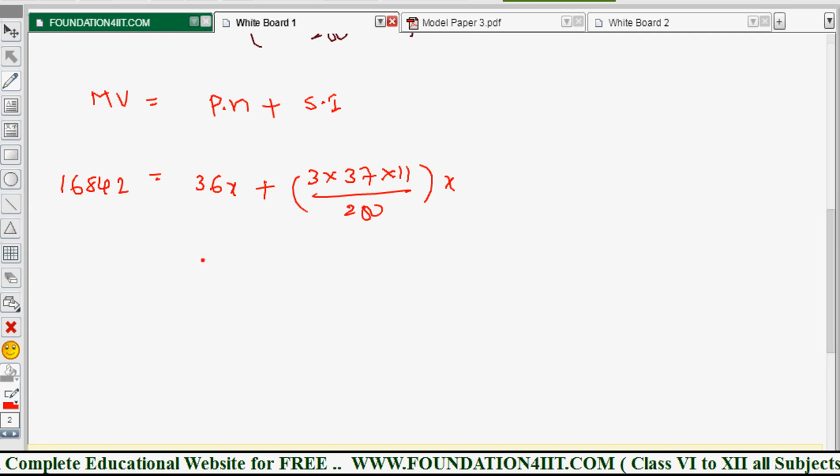Taking x common, x into 36 by 1 plus 3 into 37 into 11 by 200 is equal to 16,842. Now using this we can get the value of x.